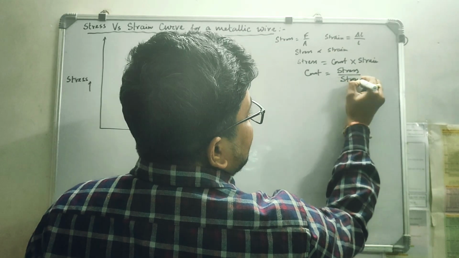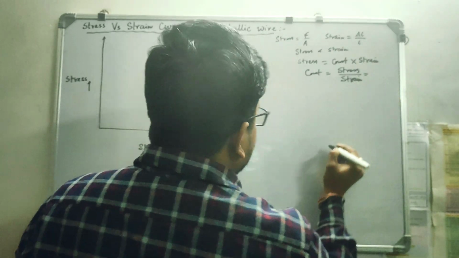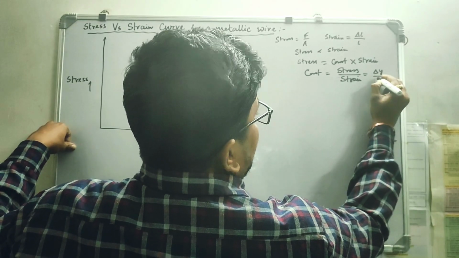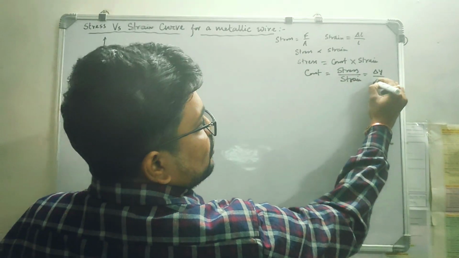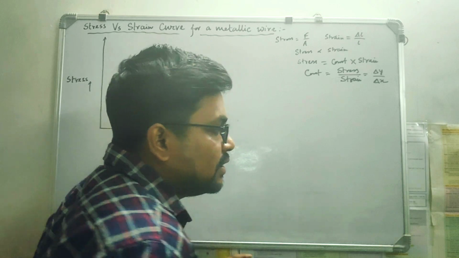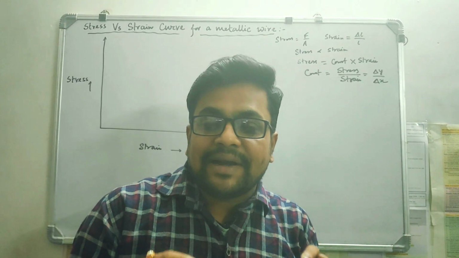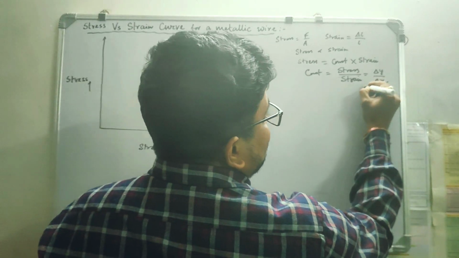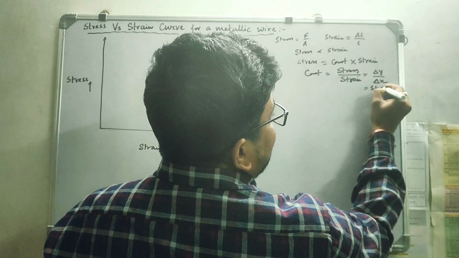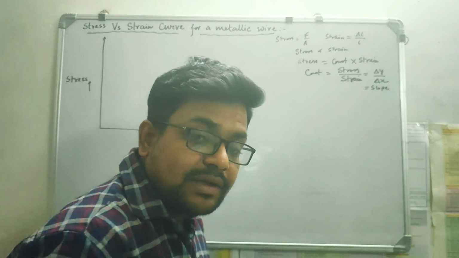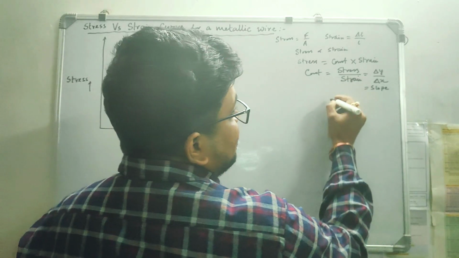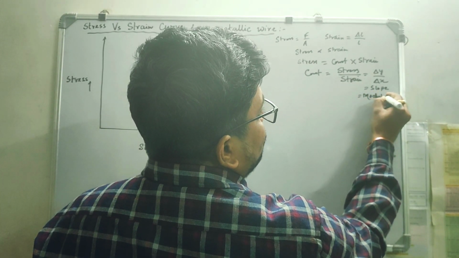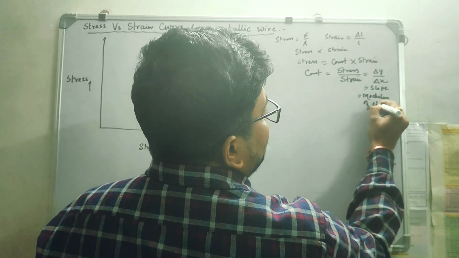Stress is on the y-axis, so I can write delta y, and strain is on the x-axis, so delta x. Delta y by delta x is nothing but the slope, or tan theta. So what does this slope define? This slope defines the modulus of elasticity.